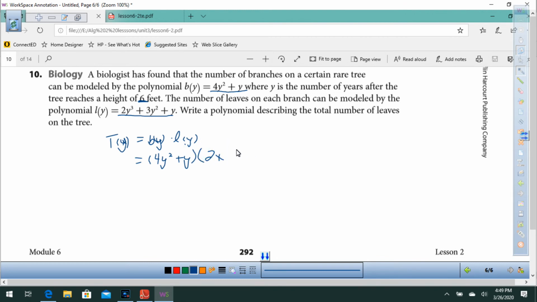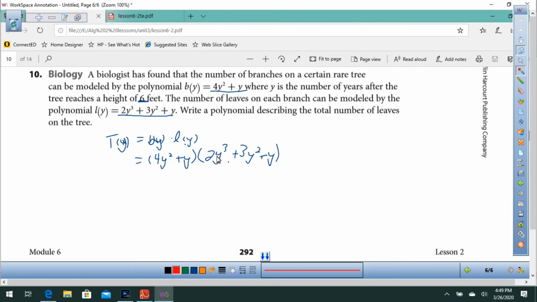I don't know why I wrote an x, probably because I'm just used to it. Okay, and we'll do it like this.